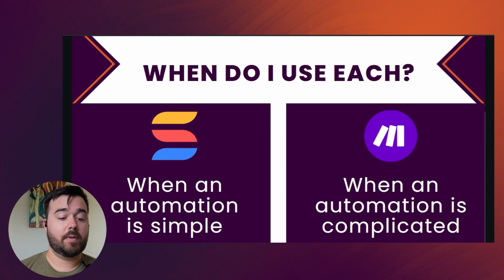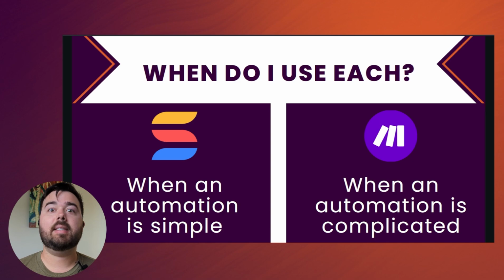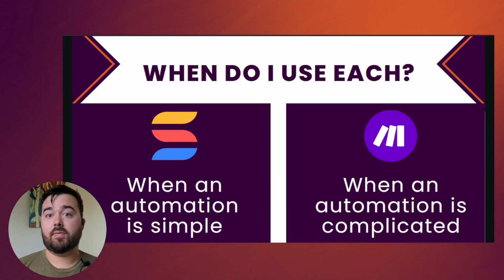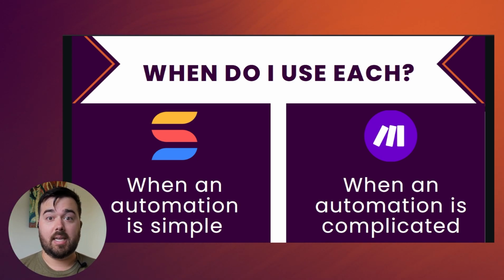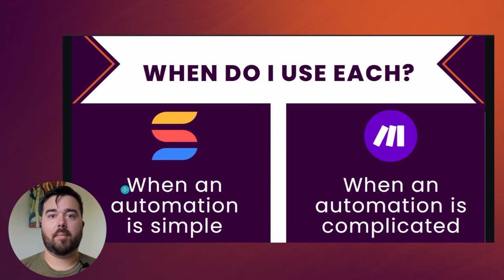So in terms of when to use these specific softwares, you have to choose what's best for you, but in terms of the practical information, using something like SmartSuite that has automation features, it really is better to use it for simple, straightforward automations.